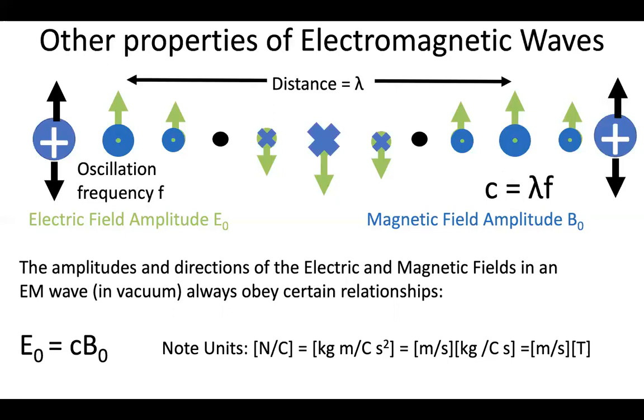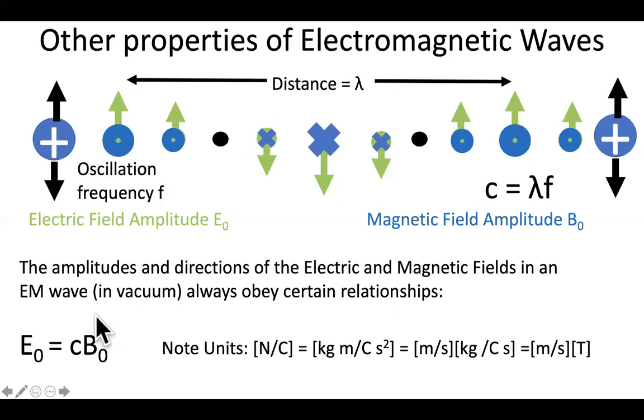The nature of this propagating disturbance, and the fact that electric fields, when they change, make magnetic fields, and when magnetic fields change, they make electric fields, means that there's a direct relationship between the magnitude of the magnetic field variations and the magnitude of the electric field variations, which basically means there's a relationship between the amplitude of the oscillations of the electric field and the amplitude of the oscillations in the magnetic field.